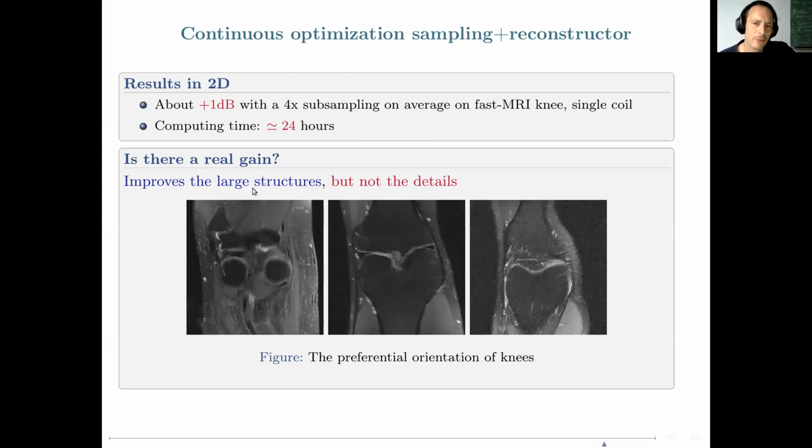And what seems to come out of the analysis is that we tend to improve the large structures. In the fastMRI challenge, you have a lot of vertical edges like this, but not really the details.